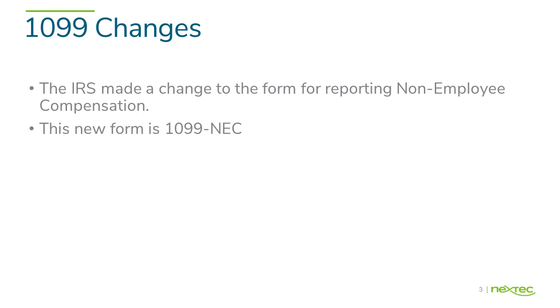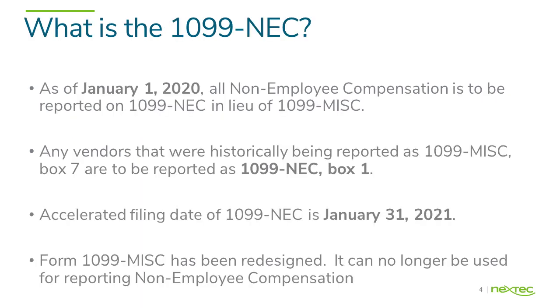There have been some 1099 changes that most of you are aware of. The IRS made a change to the form for reporting non-employee compensation. This new form is called the 1099 NEC. As of January 1st, 2020, all non-employee compensation is to be reported on the 1099 NEC in lieu of the 1099 miscellaneous form.